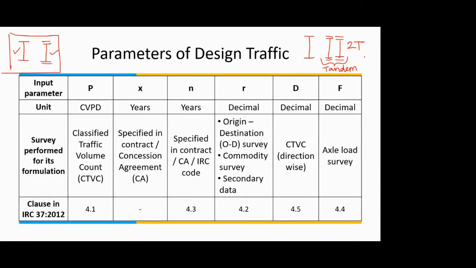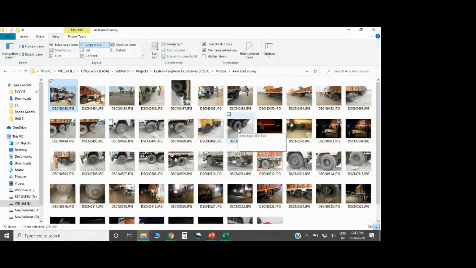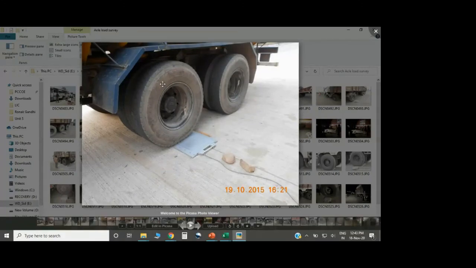In a photograph, this is what a tandem axle looks like. You have 2 axles which are very closely spaced, so whatever weight these axles take, they take it together. So they are in tandem.